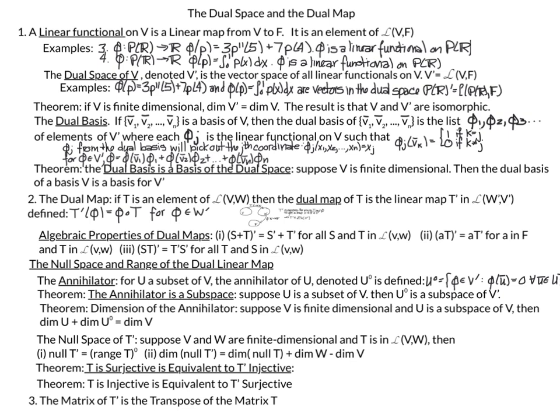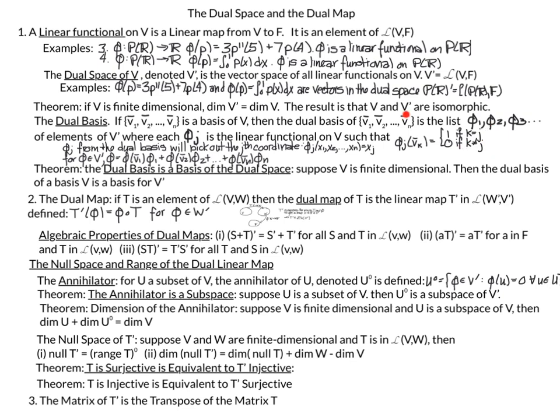We define the dual basis. Once we have our vector space and a basis for our vector space consisting of the vectors v1, v2 up to vn, we can then define a dual basis, and that will be the list phi 1, phi 2 up to phi n, where each phi sub j is the linear functional on V such that phi sub j operating on the kth basis vector of V is equal to 1 if k equals j, and 0 if k does not equal j.